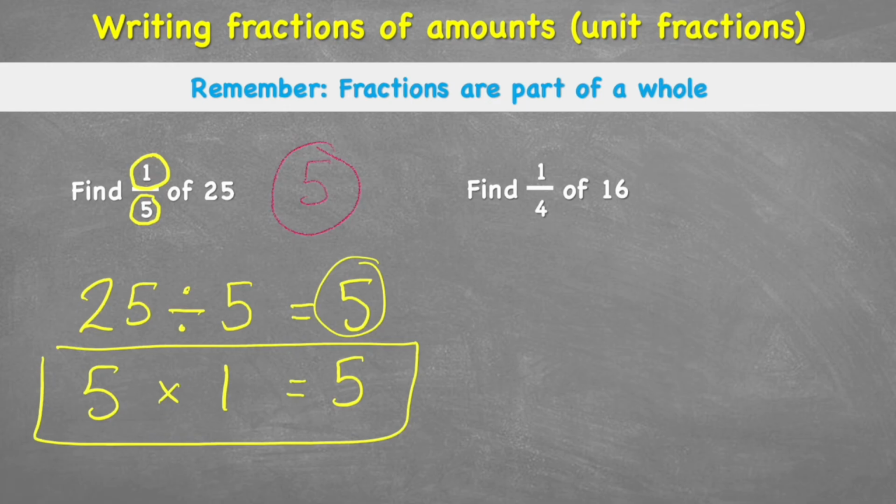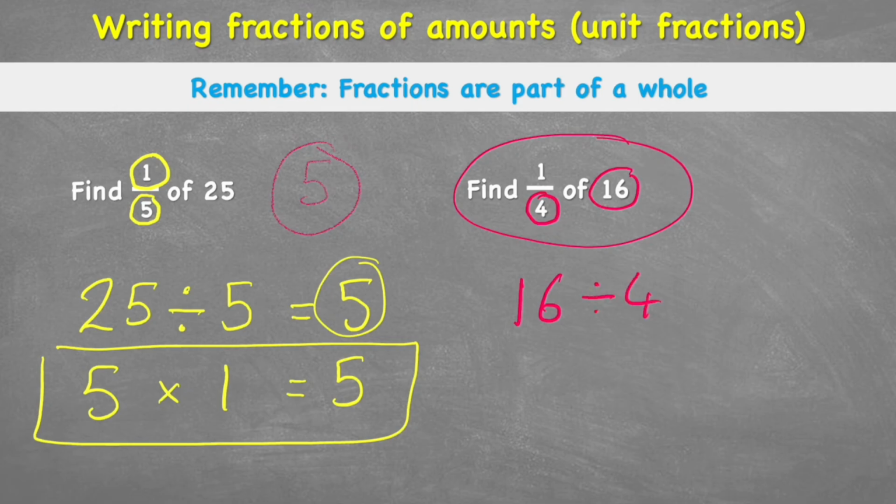Let's see that same operation for this second example. This time I have 16. I'm going to share it between 4, because I need to make 4 equal groups. 16 divided by 4 equals 4. Again, because we're only looking for one group, I'd multiply my 4 by 1, which still equals 4.